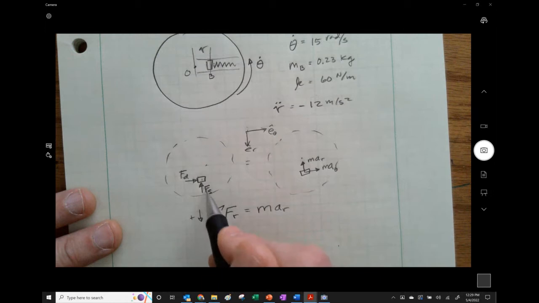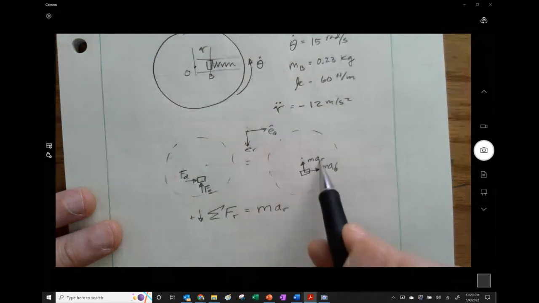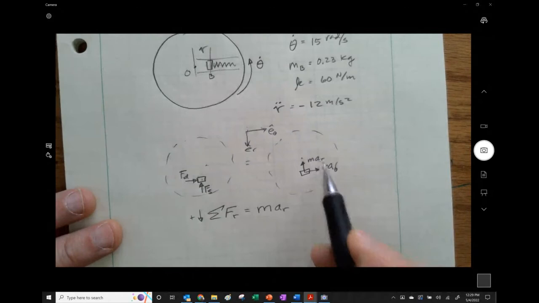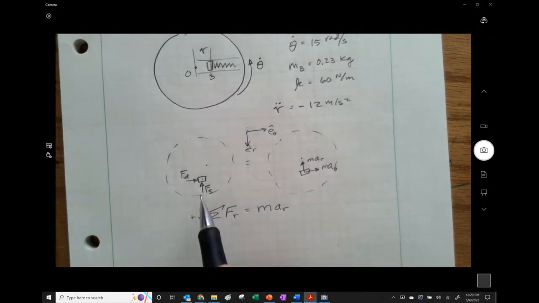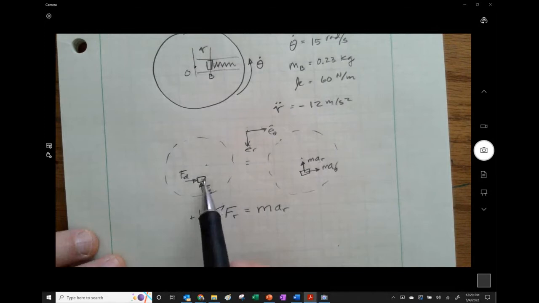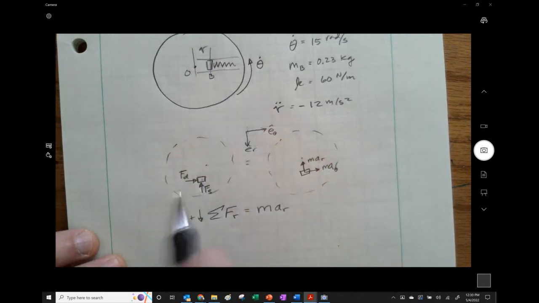So it's all about the spring force and this guy right here. We don't know how much this thing is deflected. We don't know what R is. That's the thing we're trying to find.